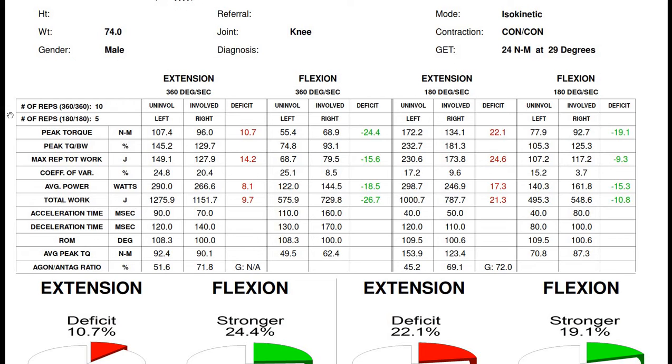So for my money, and this isn't based on anything that I've read, but more just common sense, average peak torque is going to give you a more holistic overview of that athlete's performance during a set.